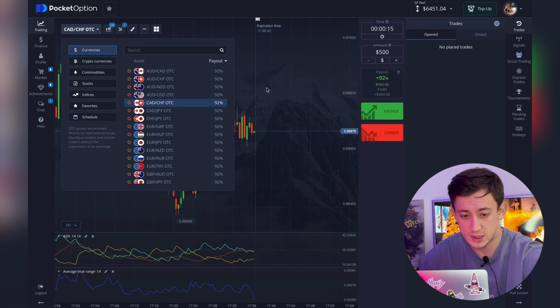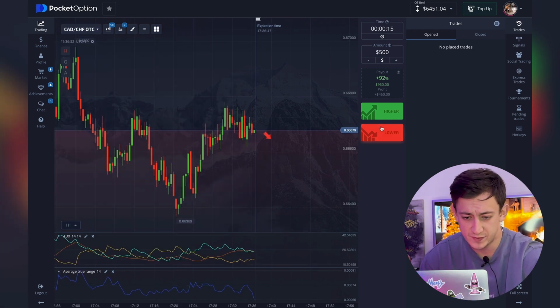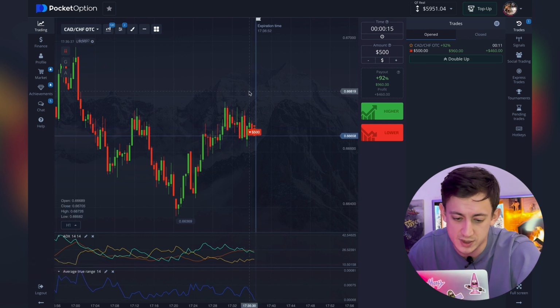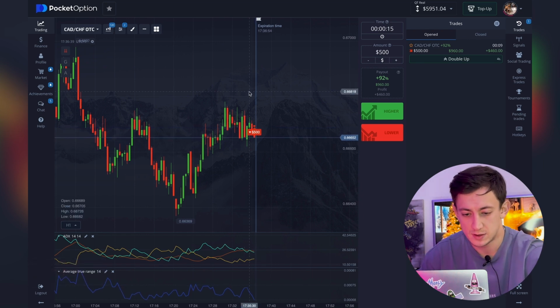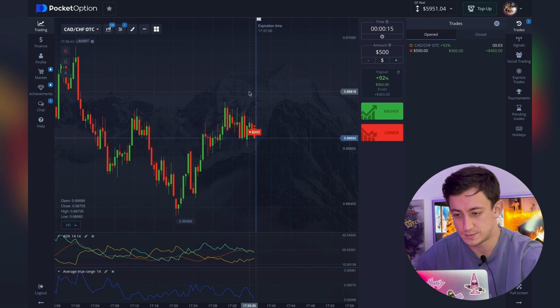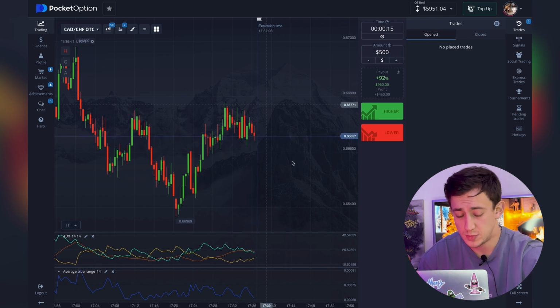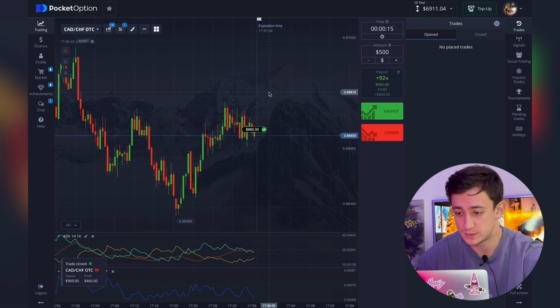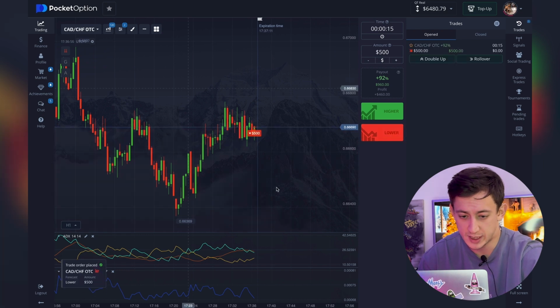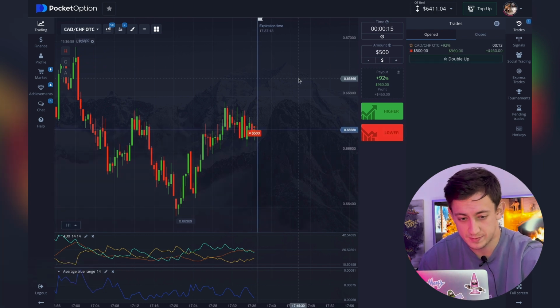So moving on. Now the Canadian dollar Swiss franc currency pair. The indicator shows a downward trend, so I enter a short position and expect a profit. Profit obtained, guys. Cool. And so staying right here, entering short on the Canadian dollar and expecting profit.